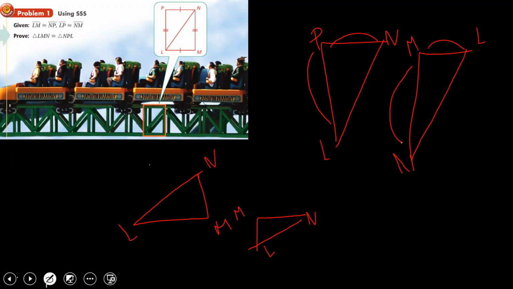After that, I will say that LM corresponds to NP, ML corresponds to PL, or LP to NM, and also LN to NL, that they are reflexive.